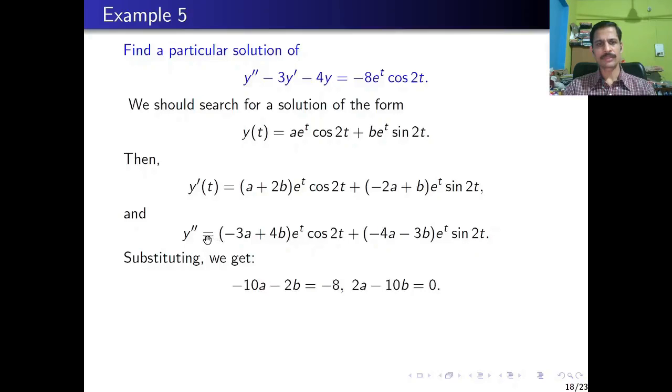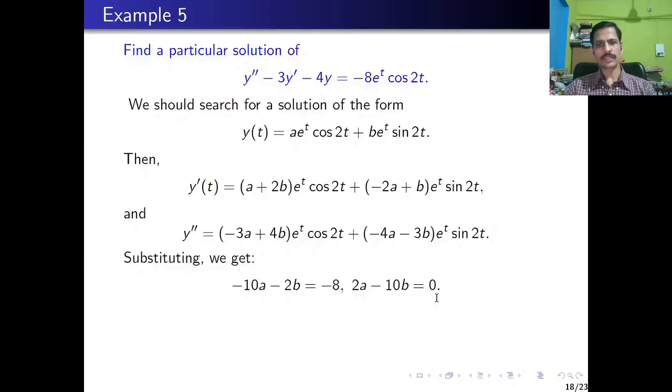When you substitute this y double prime, y prime and y in the given equation and collect the coefficient of e^t cos 2t and equate it to 0, and collect the coefficient of e^t sin 2t and equate it to 0, then we get these two equations. So they form a system of linear equations.